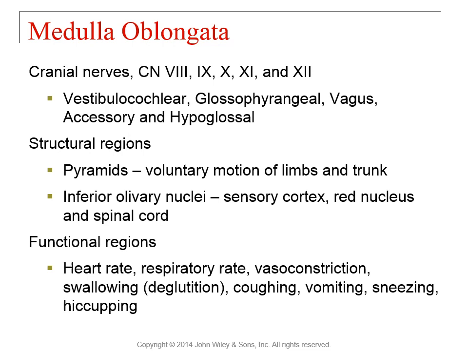Now, what's important about the medulla in particular is any kind of injury to the medulla can affect areas for heart rate, respiratory rate, vasoconstriction, deglutition, in other words, difficulty swallowing, coughing, which can be either no coughing at all, which can be an issue, or uncontrollable coughing, vomiting, sneezing, or excessive hiccuping. So the vomiting in particular is very important with people where we suspect any kind of brain injury.